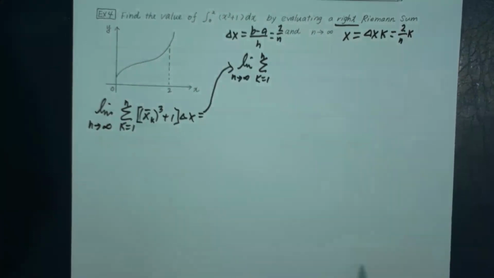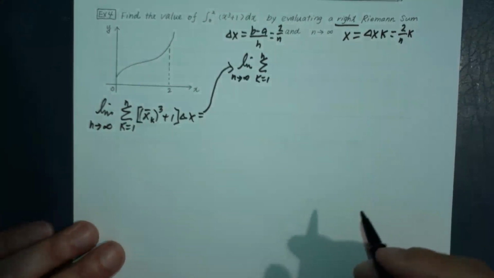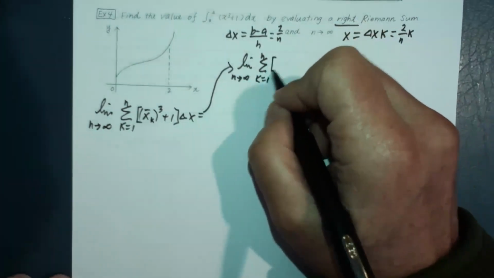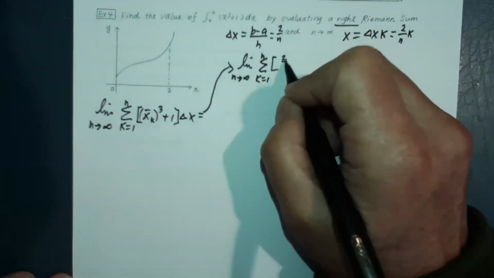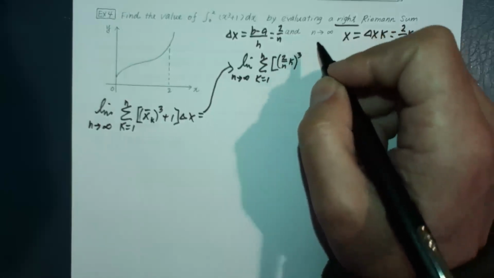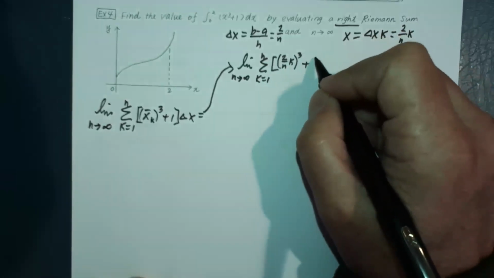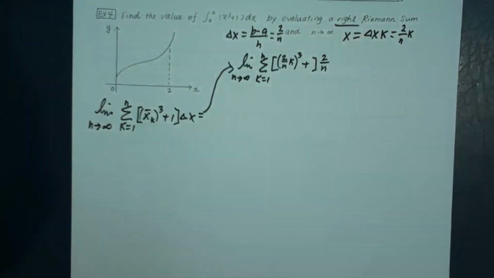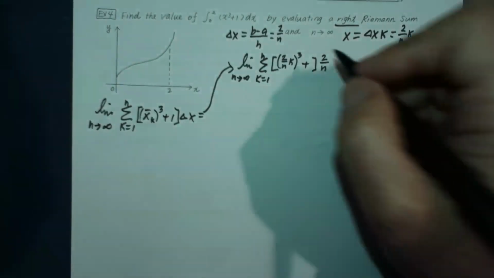So I'm going to take the summation of (2 over n k) cubed plus 1, times 2 over n. Yep, I missed the 1 there.